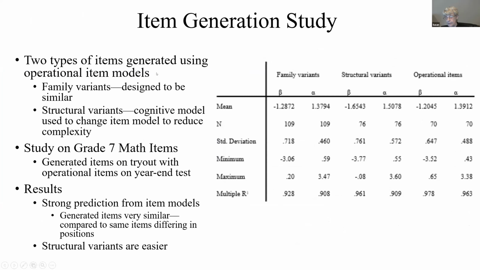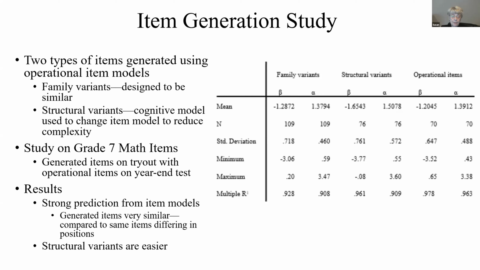I have a subsequent study where I did reduce item difficulty on items. Items were generated with the item model approach. So we had an item model based on an item that had been operational, so it's a good item. And so there's two kinds of items. There's family variants, and those are designed to be similar to the original item model.